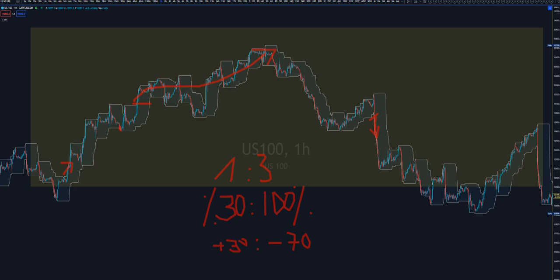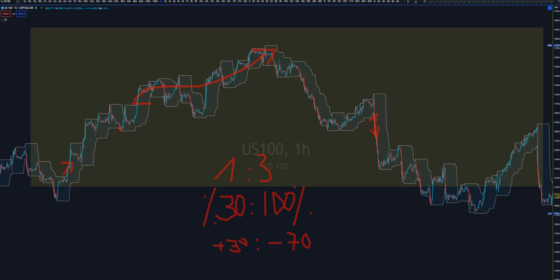What the system is missing is a tool or indicator that detects the wrong or false breakouts, right?